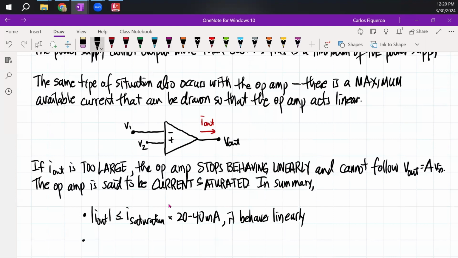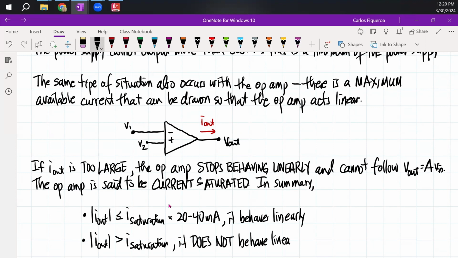On the other hand, if I out is greater than I saturation, it does not behave linearly. And that's what we showed in the lab.